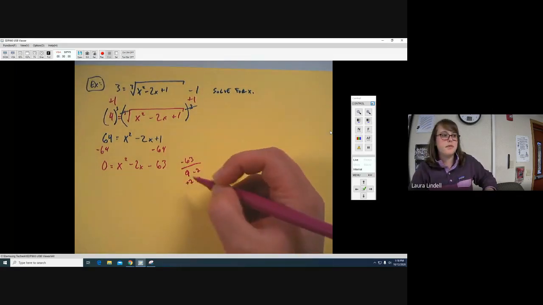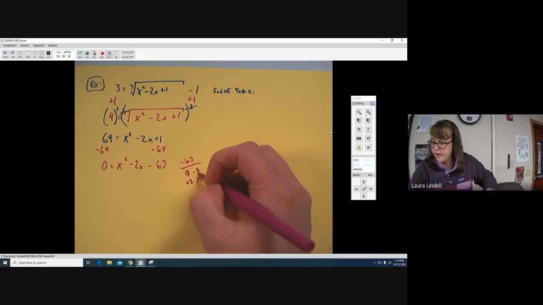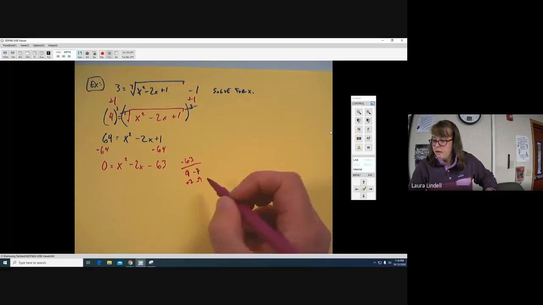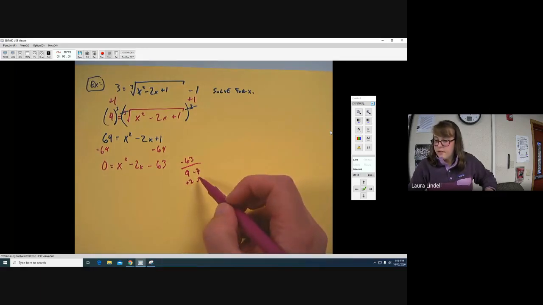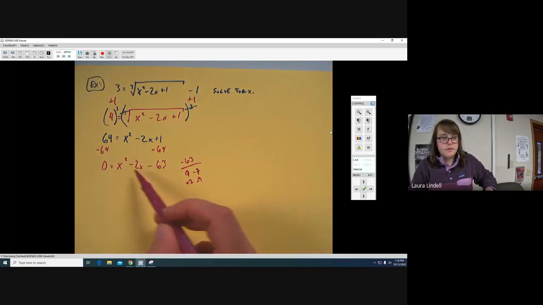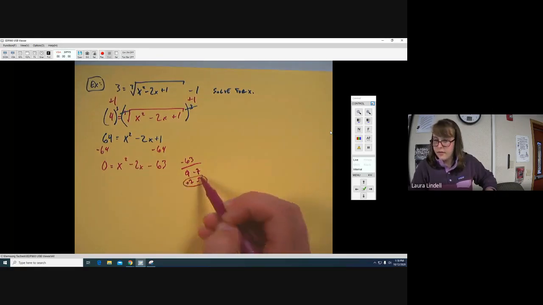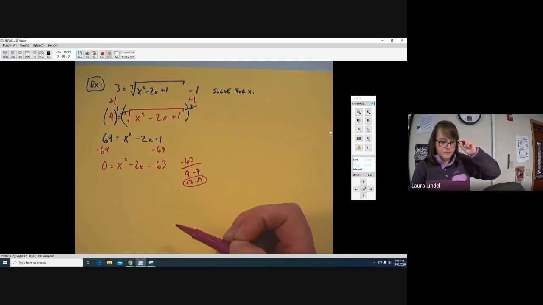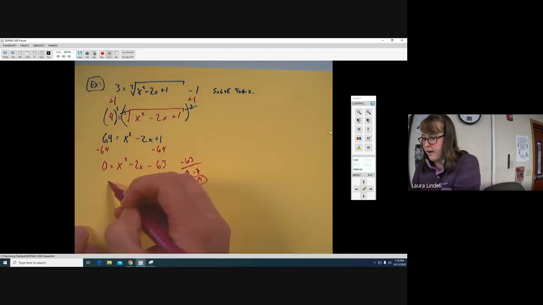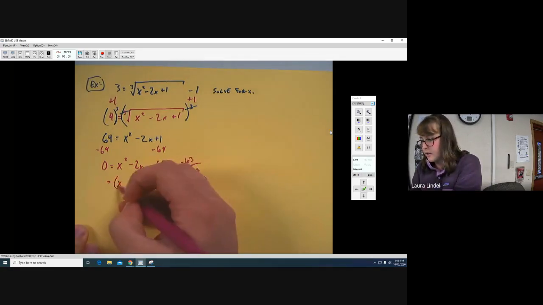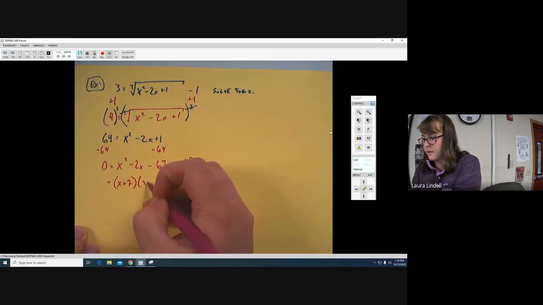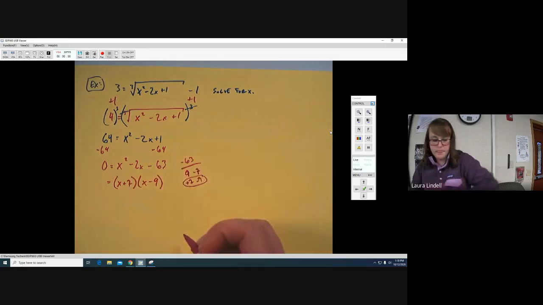That was the same thing, just switched around. Yikes. Okay. And in this case, since we want them to add to negative 2, this is the one I'm going to go with. So this factors to x plus 7 times x minus 9.